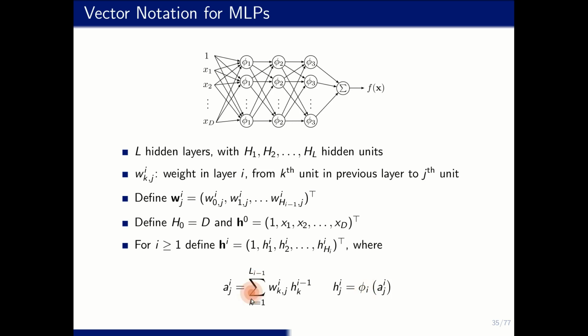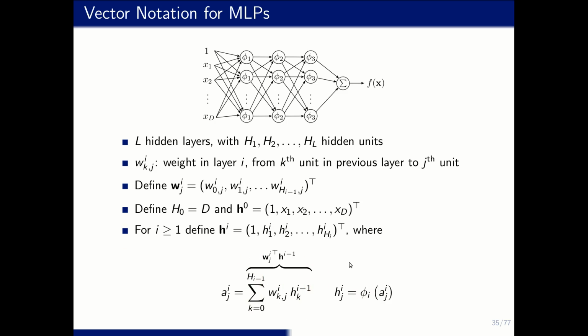But now if you look at this here, this looks familiar. So we can just write this as a vector, as an inner product. So this is just the definition of the inner product between the weight vector of the ith layer and jth unit times the vector of all the outputs in the previous layer. So if i is 2, then this would be the vector of outputs in the previous layer, and essentially the activation for this unit is just this inner product here.